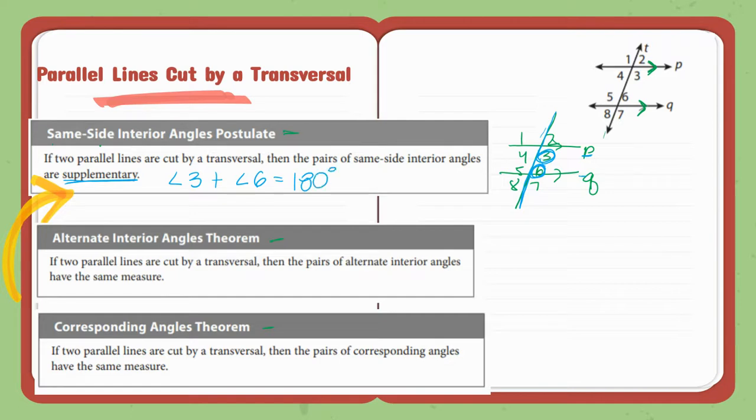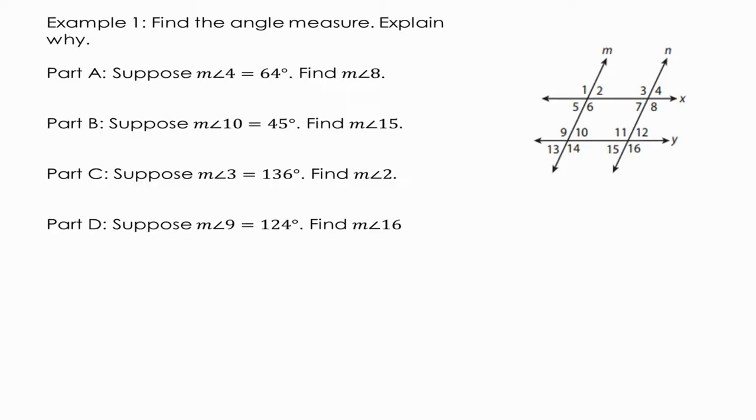Supplementary means they're a linear pair, which means that they add up to 180. So when you have same side interior angles, you're going to set them equal to 180. I also could have utilized angle 4 and angle 5. Those are still interior angles because they're in between lines P and Q. And the same side part means that they're on the same side of the line.